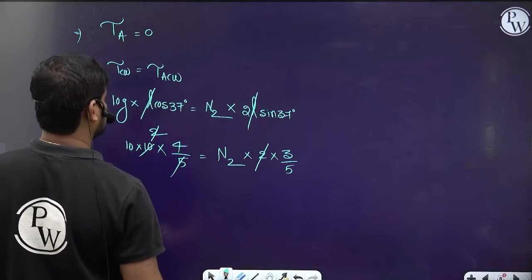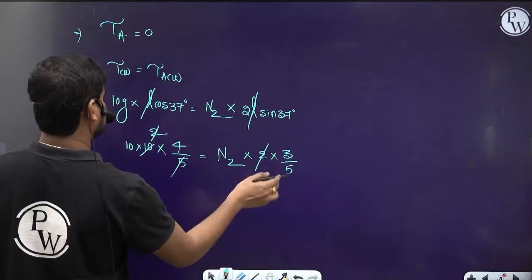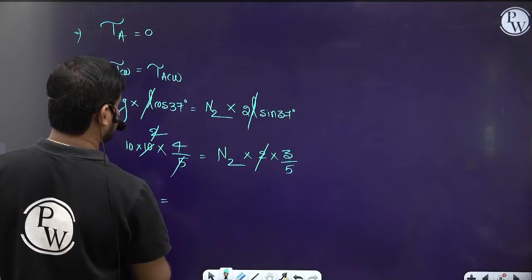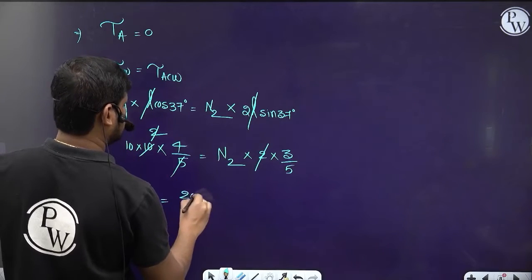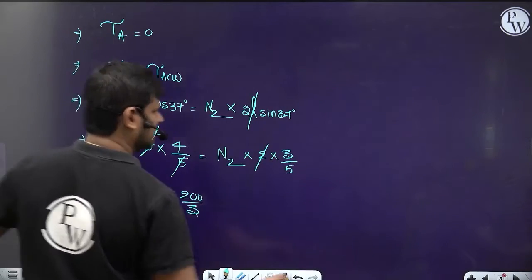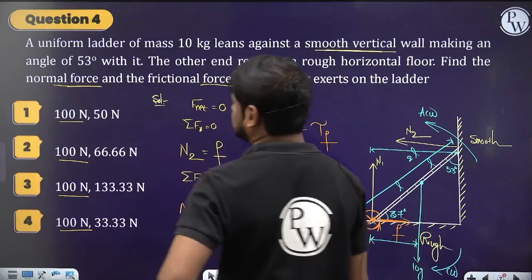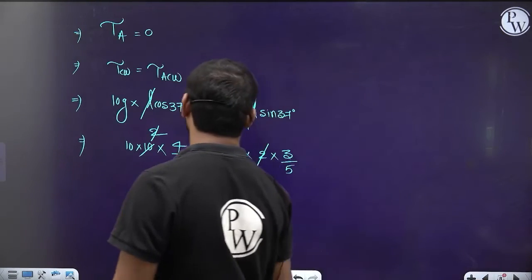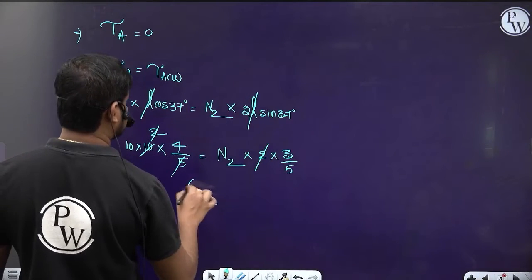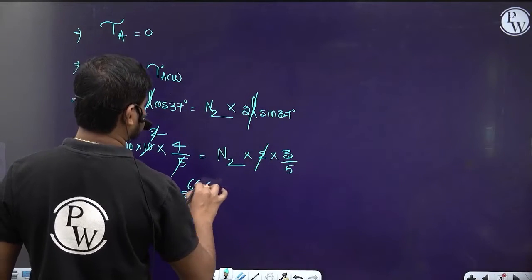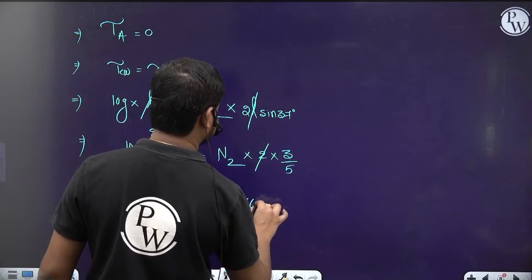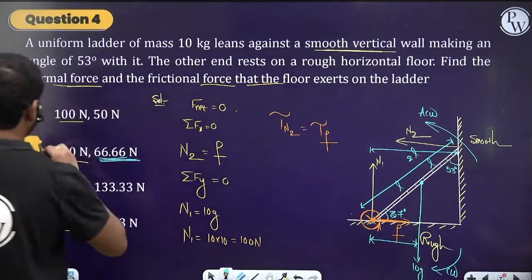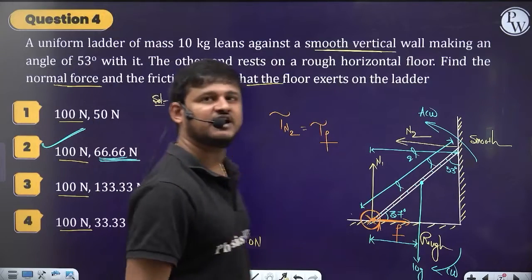Send the 5 to this side: 10 into 5 is 50, 50 into 4 is 200. So 200 by 3. Check the closest option we have: 66 point, yes or no? It comes out as 66.666, which is nothing but 66.6 newtons for N2, and 100 newtons is the normal N1.